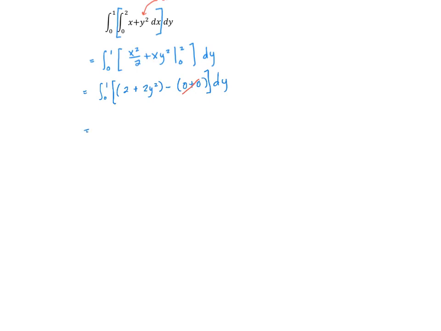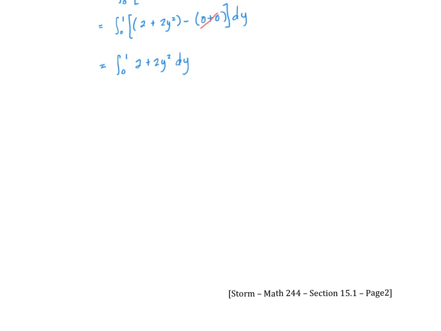And now I'm going to evaluate the outer integral from 0 to 1 of 2 plus 2y squared with respect to y. So order does matter here. That's going to be 2y plus 2y to the third over 3. And then we're evaluating from 0 to 1.